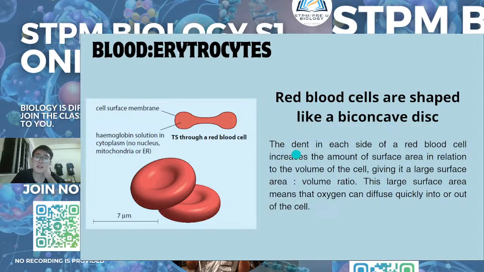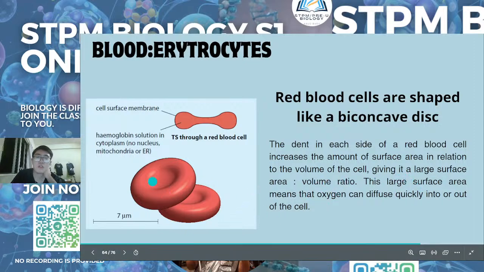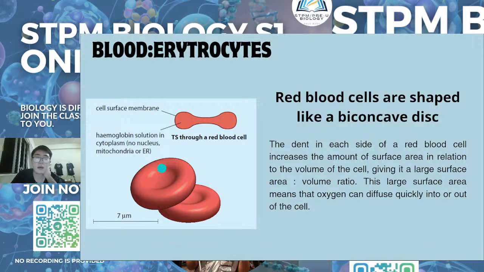So why does it have the biconcave disc shape? Because it gives a large surface area to volume ratio. This large surface area means that oxygen can diffuse quickly into and out of the cell. The diffusion rate of the oxygen is faster. If it had a flat surface, the oxygen would diffuse at a slower rate.